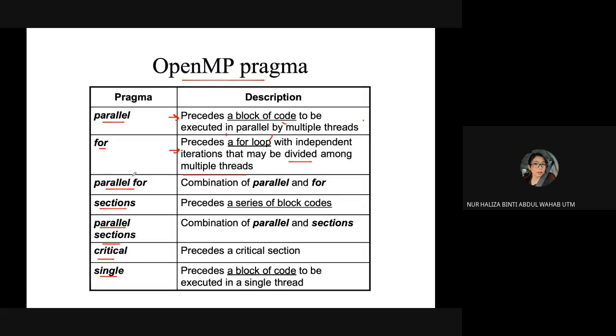For parallel for, you can see it's quite similar, same also with C and C++ programming. This one is parallel, this one also parallel, but this is parallel for, which means a combination of parallel and also for, which includes the loops. And you have sections, and then you also have the combinations of parallel and sections, and lastly critical or maybe only single.